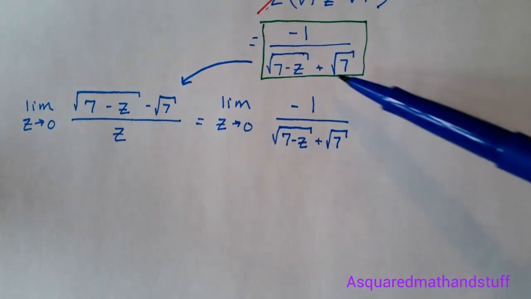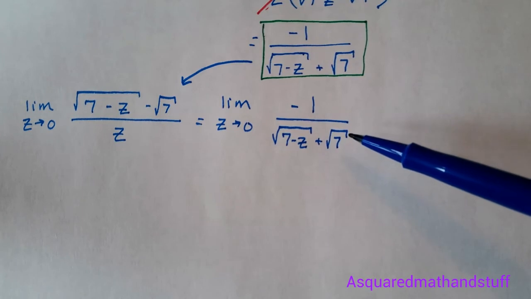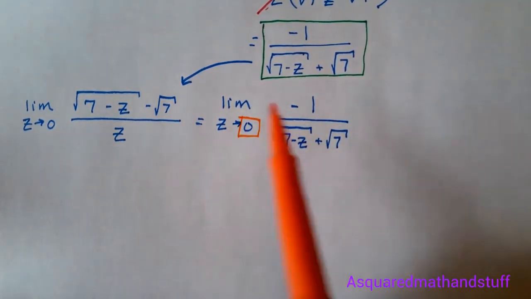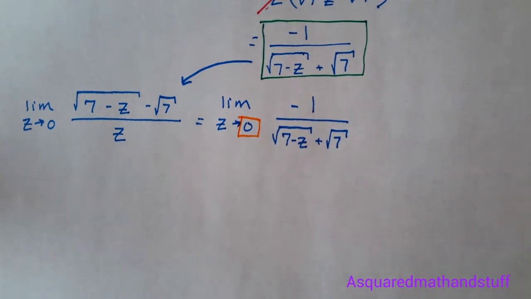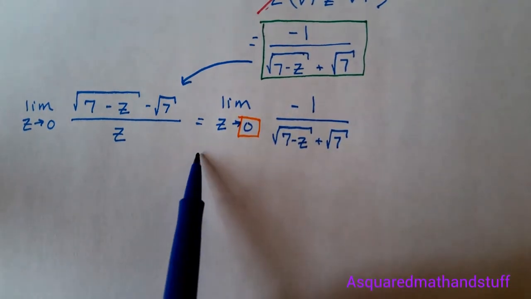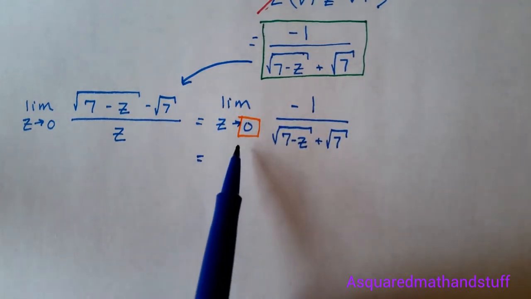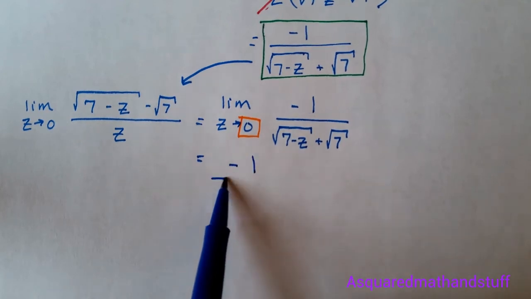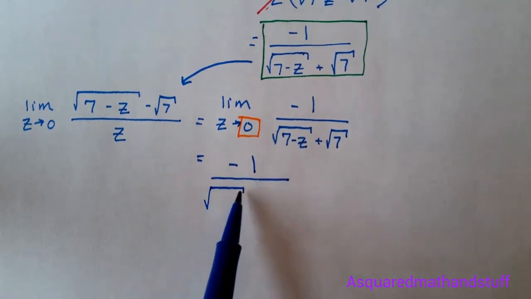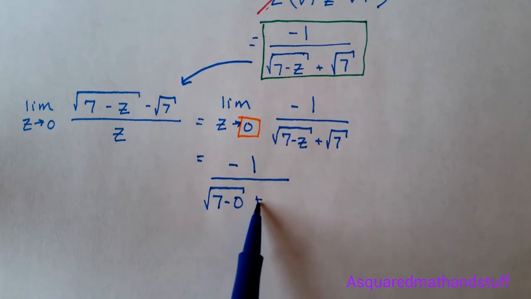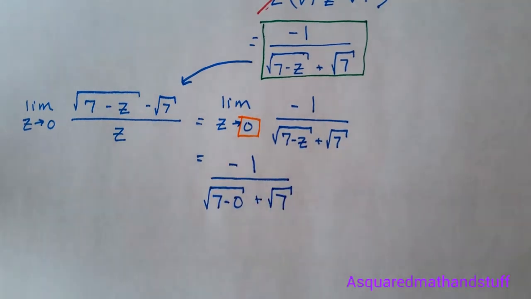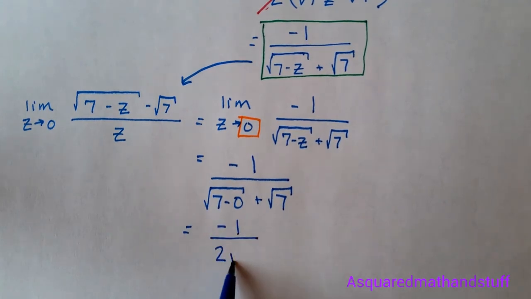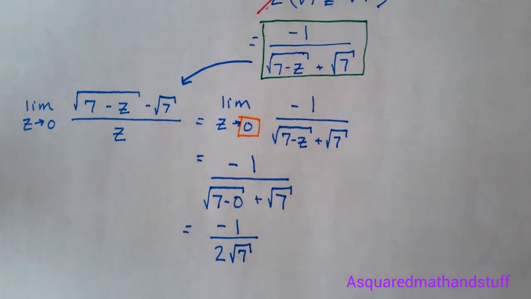And because we know this is as simplified as it's going to get, we can use direct substitution and plug in that 0 for z and start calculating this limit. So we are no longer going to write the limit as z approaches 0 because we are substituting in. So we have negative 1 divided by the square root of 7 minus 0 plus the square root of 7, which gives us negative 1 over 2 times the square root of 7.